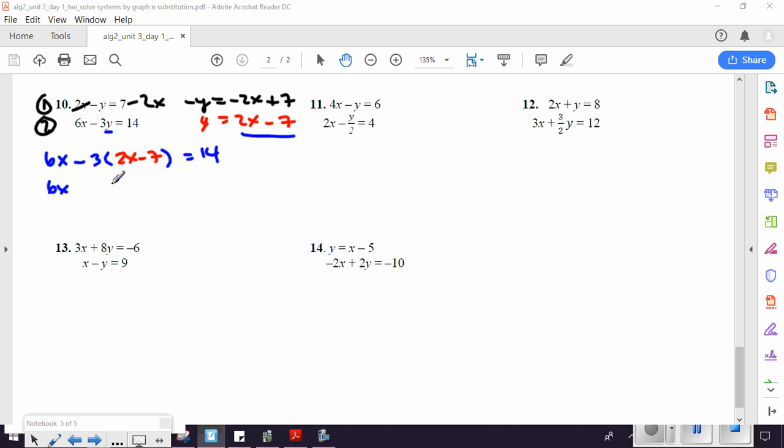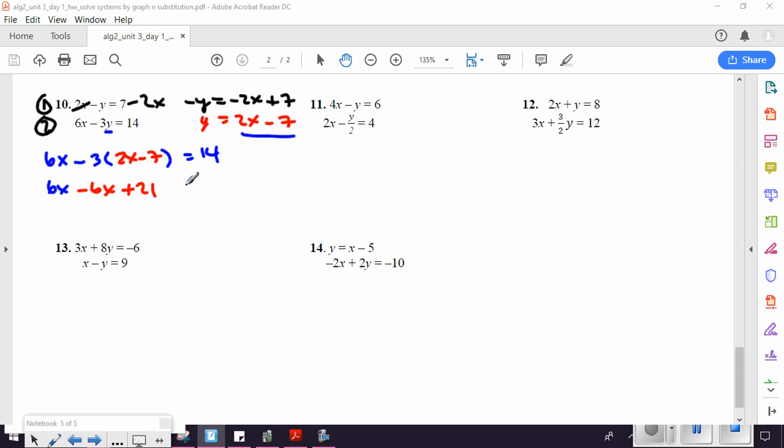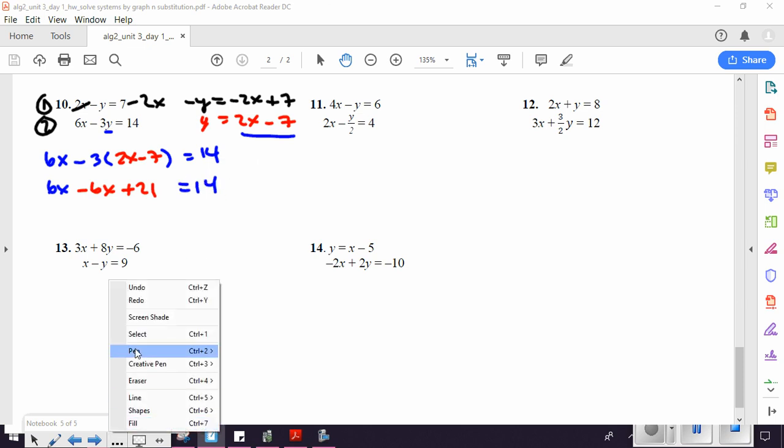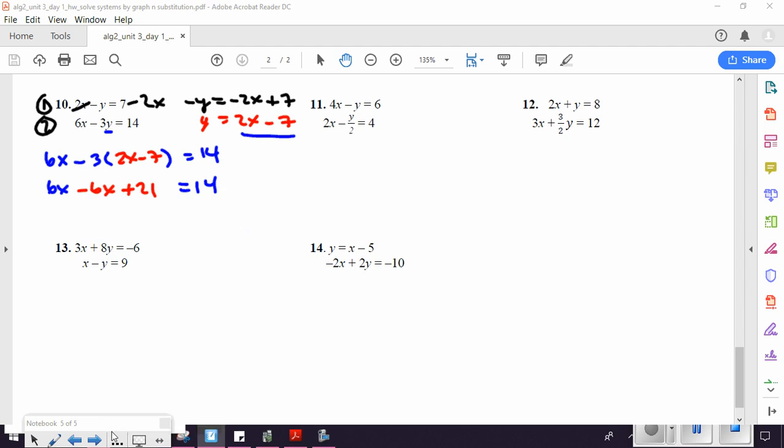Negative 3 times positive 2 is a negative 6x. Negative 3 times a negative 7 is a, I know I said positive 6x and I wrote negative. Okay, negative 3 times positive 2, negative 6x. Negative 3 times negative 7 is a positive 21. Now, when I combine my like terms, 6x minus 6x is 0.